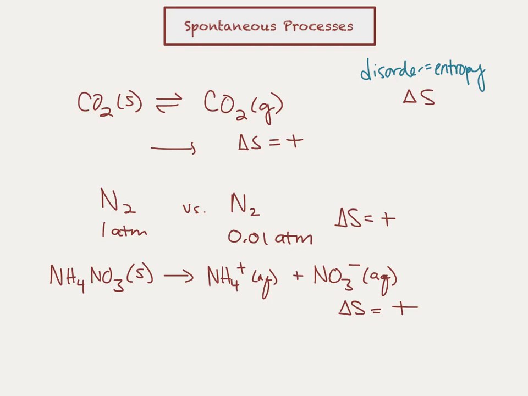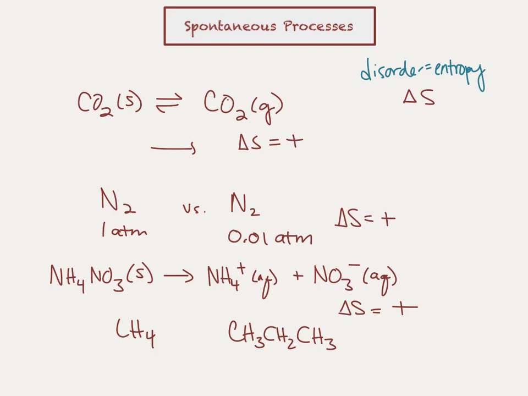The last example I have is about the number of arrangements that a molecule can have. Let's consider a molecule like methane versus one like propane. Now you might think, well, there's one of each, it should be the same, but that's definitely not true.